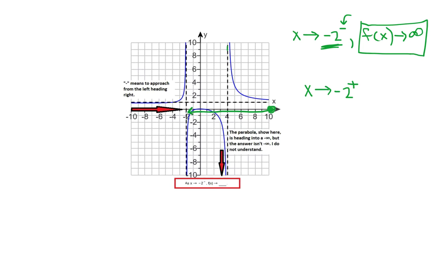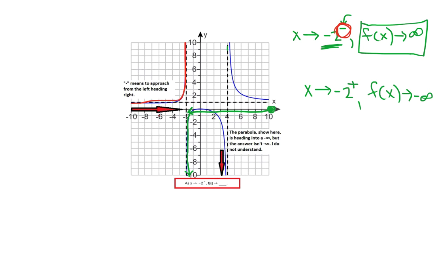Okay, now we don't want to cross -2. We're just going to -2 from the right side. Now, as you can see, if we approach on the right side, this graph is going down to negative infinity. So that means that f of x would then approach negative infinity. But since our original problem asked us to approach it from the left, that's why we're going to look at this graph.